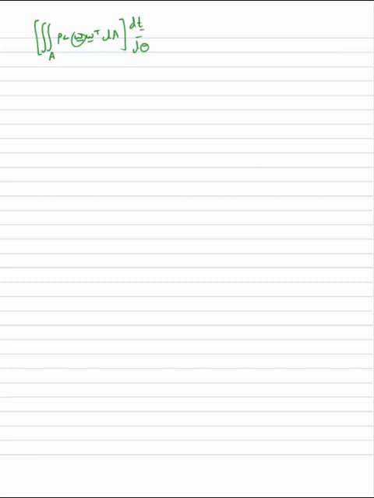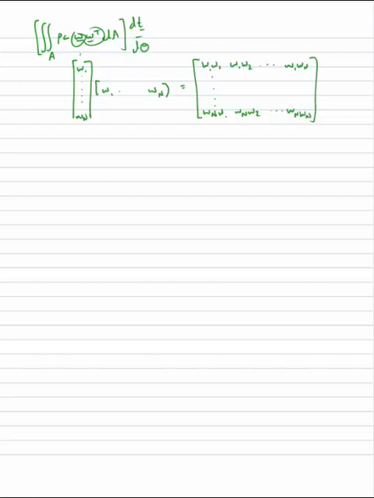So this is w, this is a vector like this, and this is w transpose, so this is a row like this, and if I multiply these two things together, I'm going to get something that looks like this, which is W1 W1, W1 W2, W1 Wn, all the way down to, I guess this would be Wn W1, Wn W2, all the way to Wn Wn. So this ends up being exactly what we want, right?